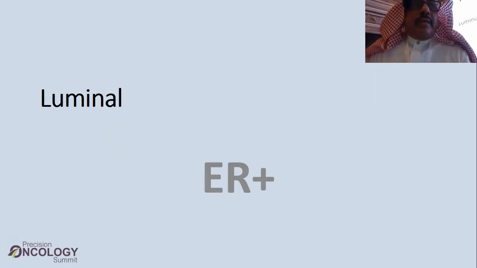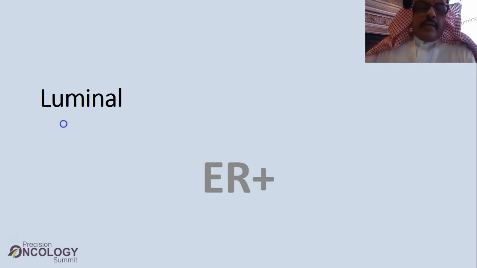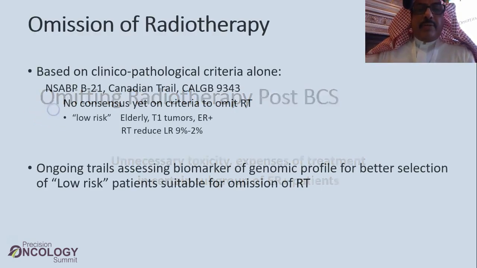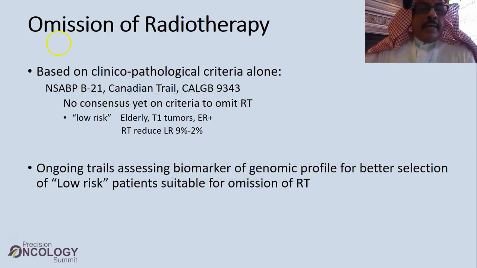So let's start with the good ones, the luminal type. If the local recurrence is very small in this subtype, can we omit radiotherapy? Do they need the radiotherapy to start with? Can we omit the radiation and toxicity and the expenses in a certain group of patients with ER positive disease?